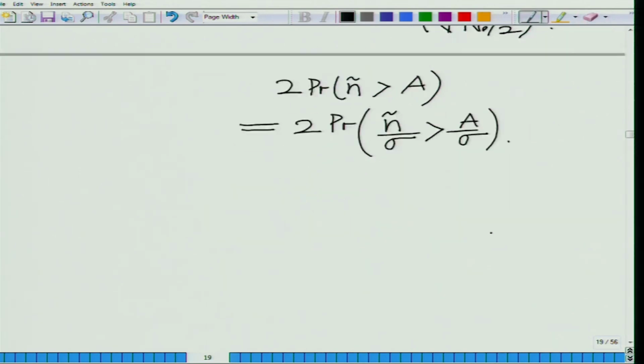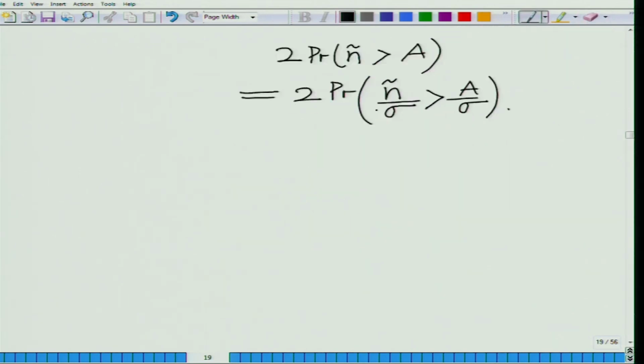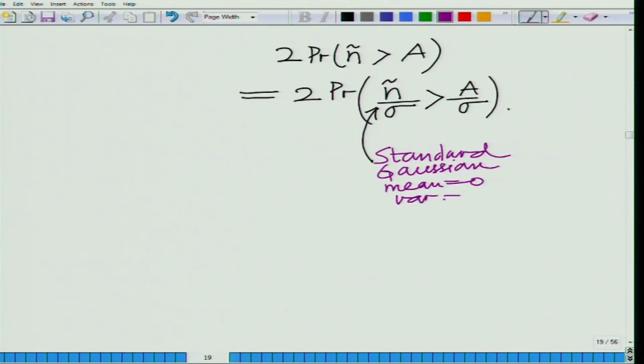Once I divide n tilde, which is zero mean with variance sigma square, by sigma, n tilde by sigma is a standard Gaussian, with mean equal to 0 and variance equal to 1.